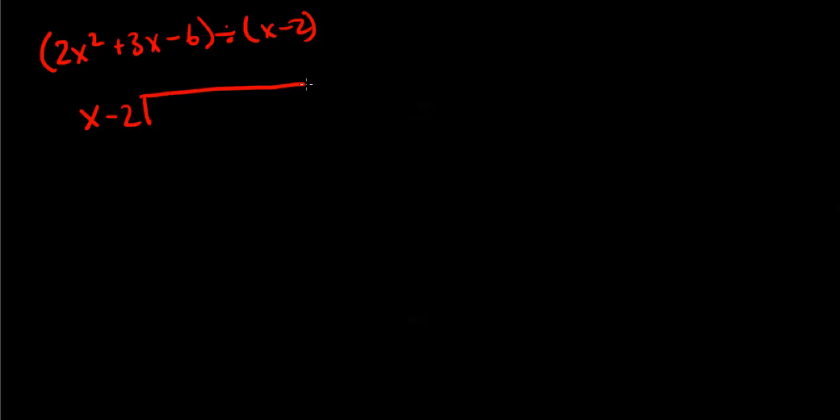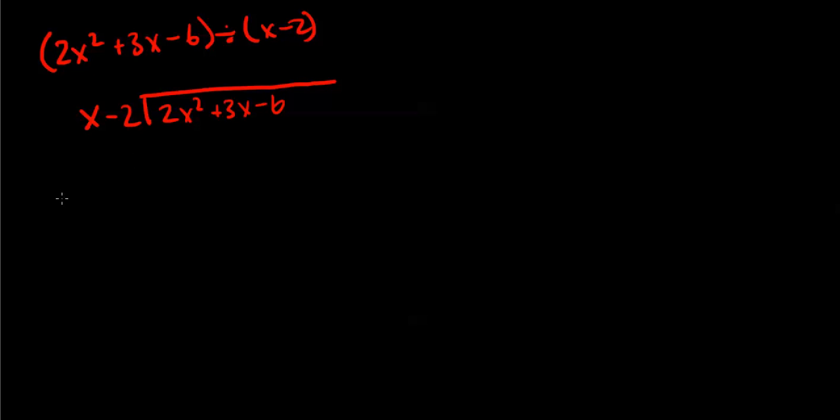Now we're going to look at an example of long division. Here we have 2x squared plus 3x minus 6 divided by x minus 2. So what you want to do is write this like a division problem first in long division form. So x minus 2, and then draw your lines, and then put 2x squared plus 3x minus 6 underneath.